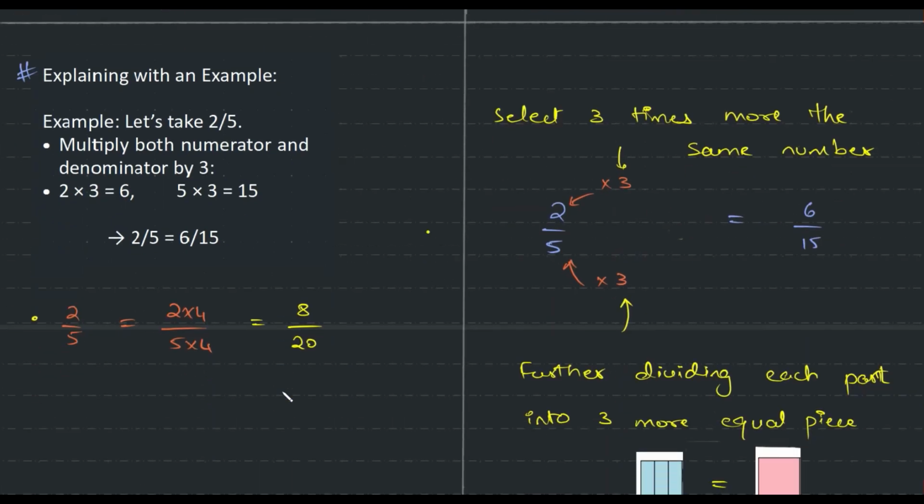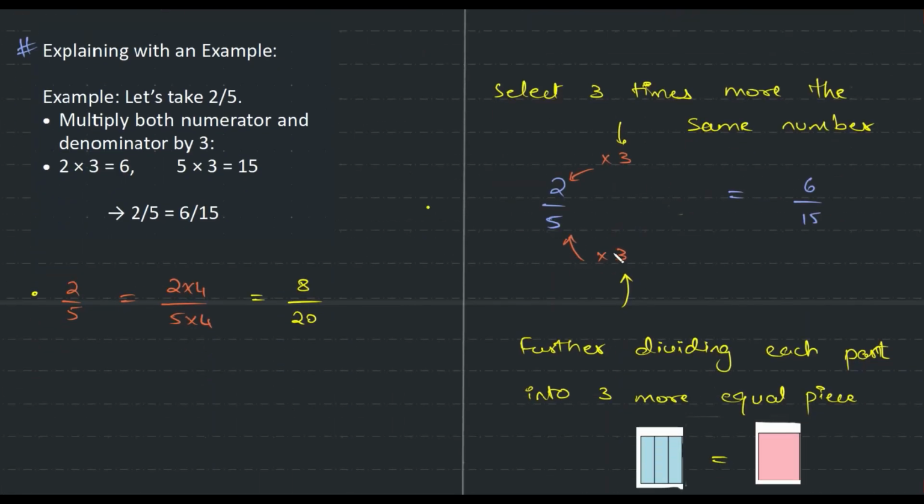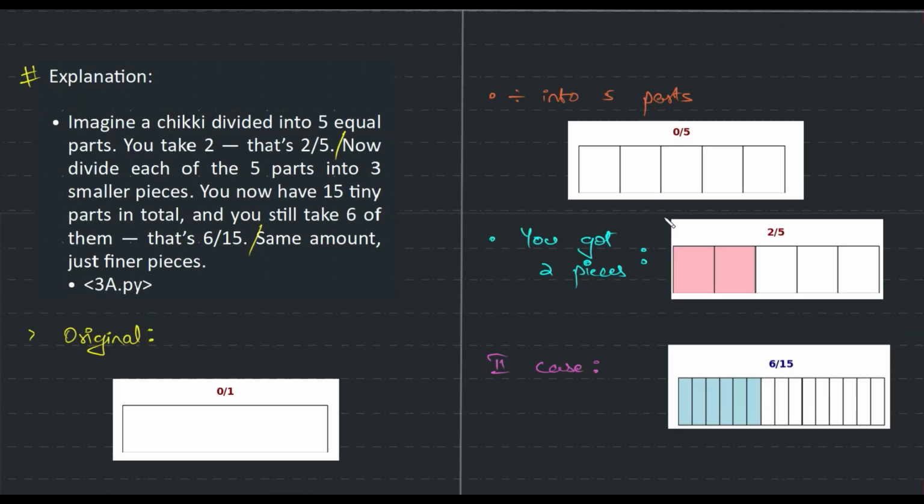So why does this work? When I multiply the denominator with a particular number, we are further dividing the parts into that many equal parts. And the numerator multiplication lets you select the same amount. So that you got to see.